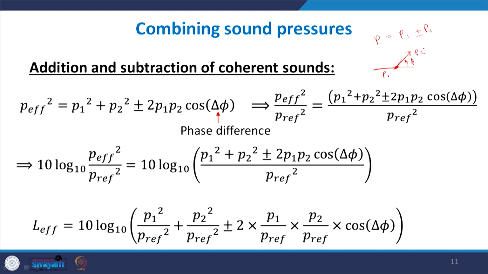So we can simply use the vector summation equation. We know that the vector summation for two different vectors is going to be the magnitude of the first vector square plus the second vector square plus 2 P1 P2 times cos of the angle between the two, delta phi. And similarly, if it is subtraction, then a negative will come only in this term.